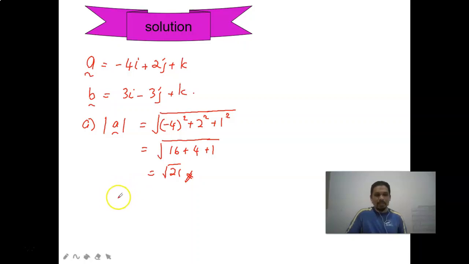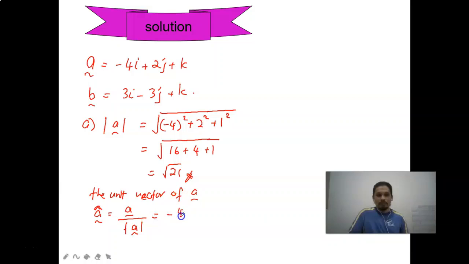Okay, so then the unit vector of A equals the vector A divided by the absolute value, or distance, of the vector A, which is negative 4i plus 2j plus k divided by the square root of 21.